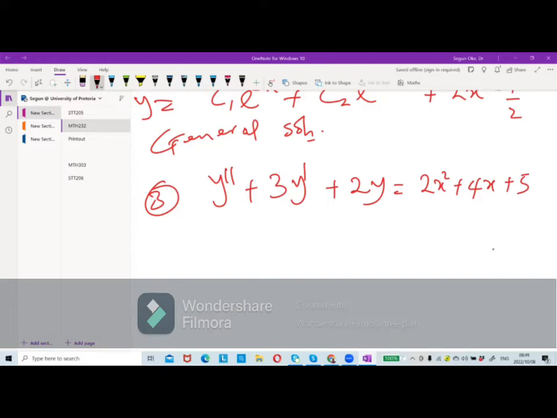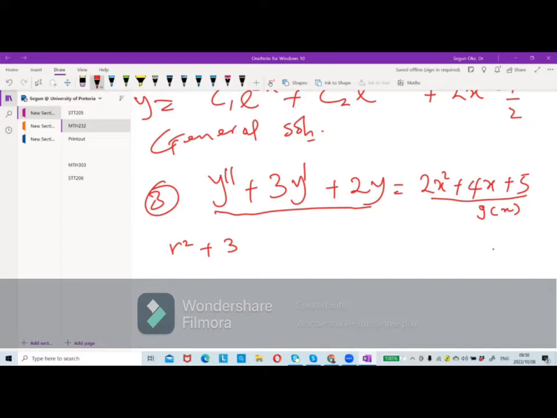So we still have our yc. Let me just write the yc. For the purpose of those that are joining us, we just have our y. We get our yc from here, and this place is g of x. So for us to get this, we represent this one as r squared plus 3r plus 2, because y prime means r. So when you have y double prime, you have r squared.